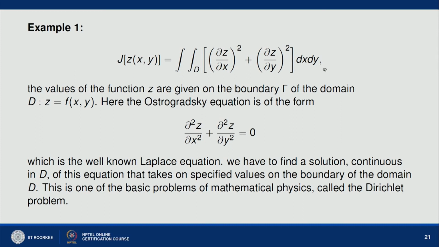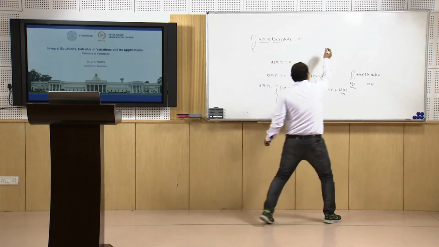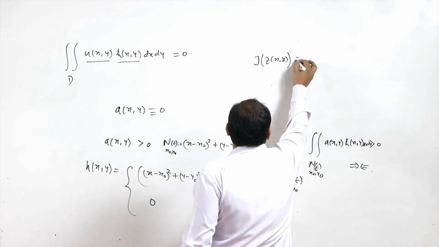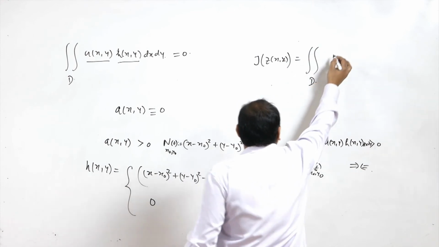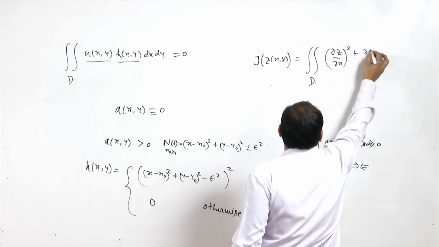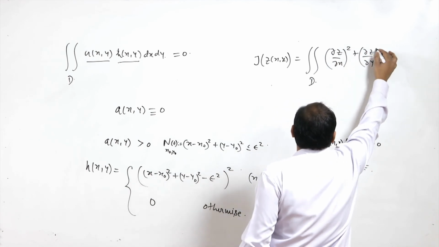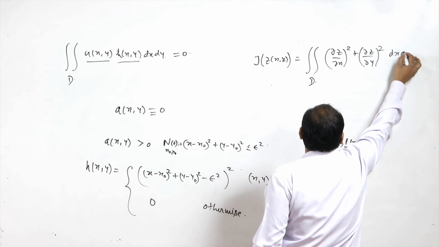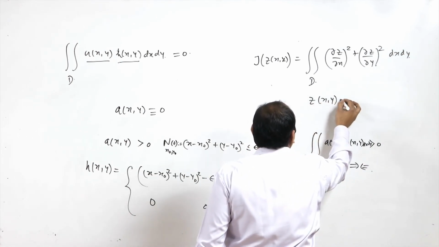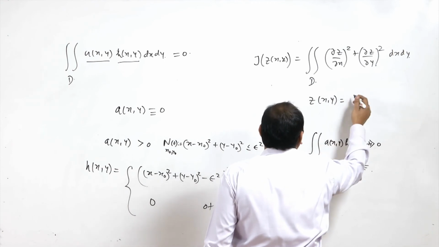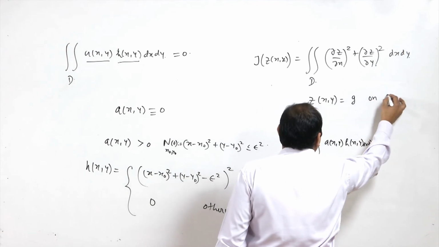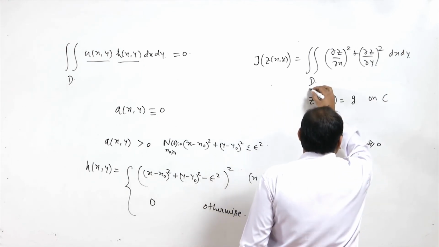So here the functional is J[z(x,y)] equal to the double integral of (∂z/∂x)² plus (∂z/∂y)² dx dy, with the condition that z(x,y) takes some value, say g, on C, which is the boundary of domain D.